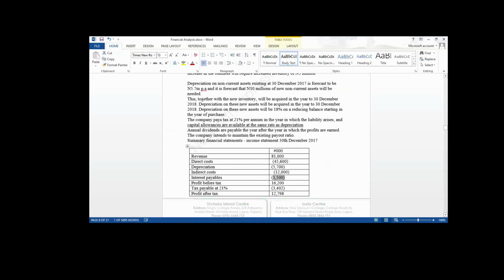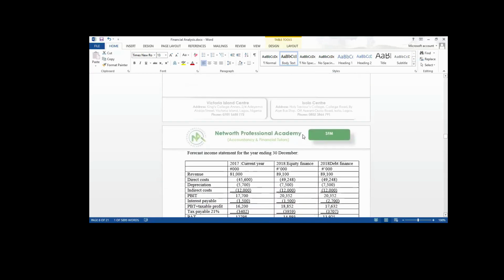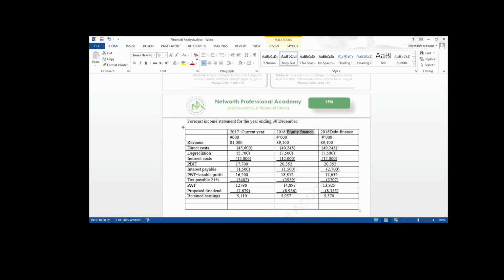Now in 2018, let me ask the class. If you finance the project by equity, will your interest increase?